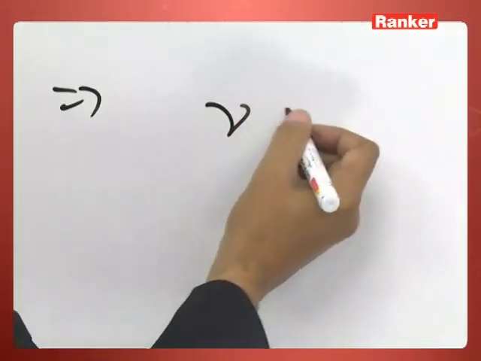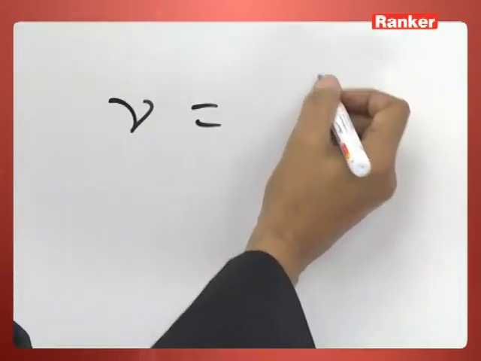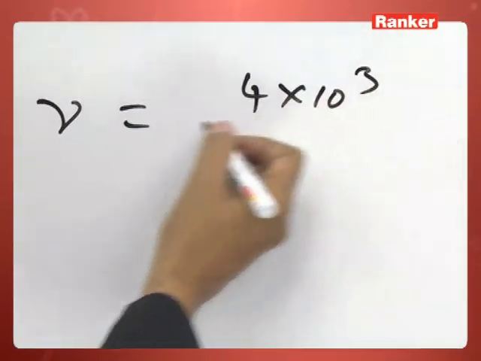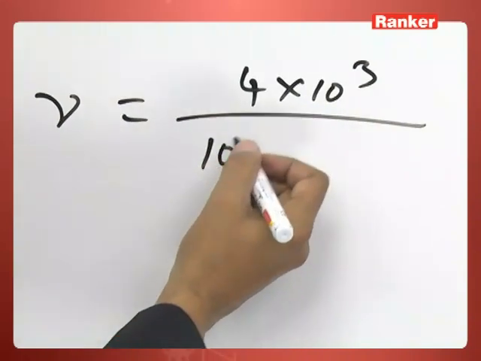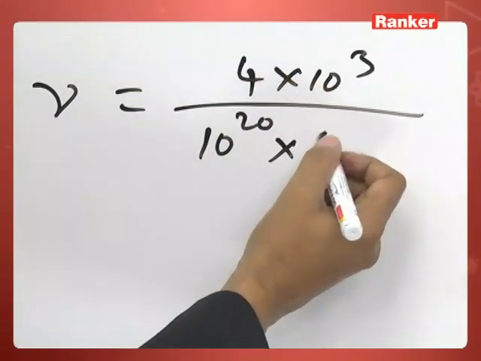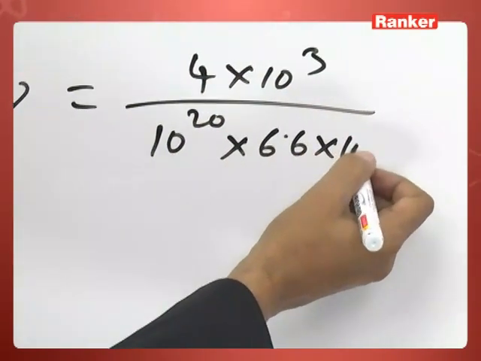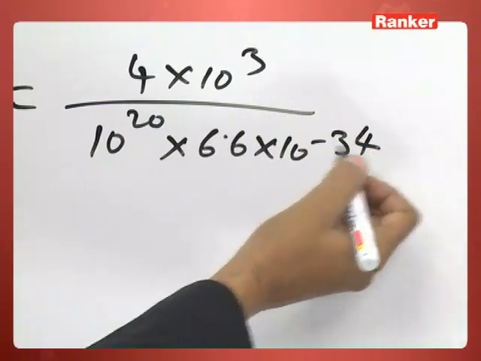So nu is equal to 4 into 10 to the power 3 by 10 to the power 20 into h, 6.6 into 10 to the power minus 34.